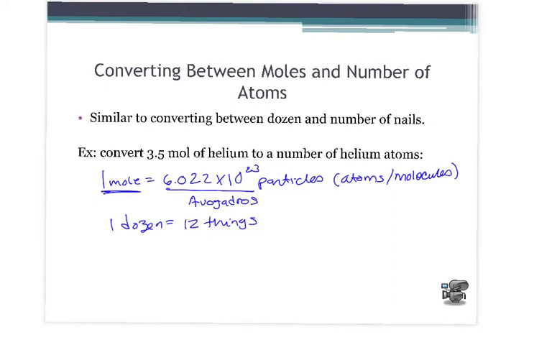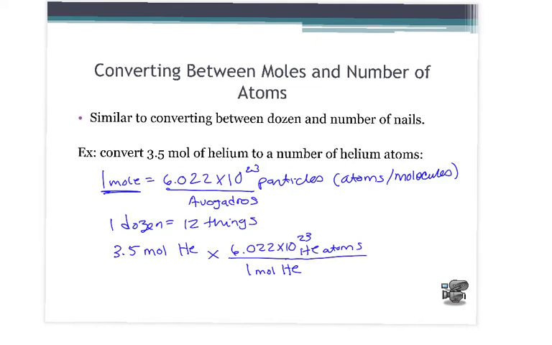We use dimensional analysis like we learned in Chapter 2, and we always write what we're given first. So we have 3.5 moles of helium, right? Now we know that since moles is on the top, moles is going to go on the bottom. So for every 1 mole of helium, we know there's going to be 6.022 times 10 to the 23rd helium atoms.